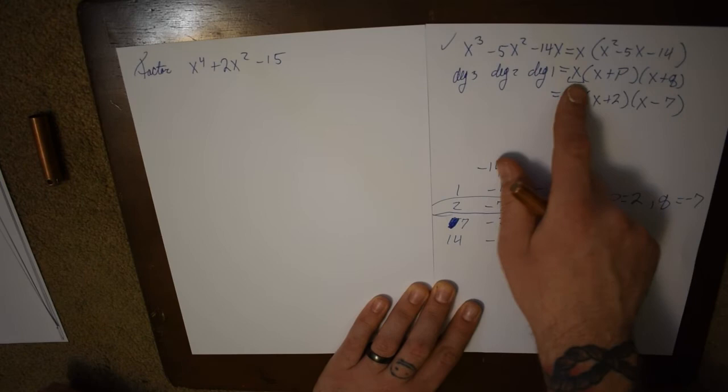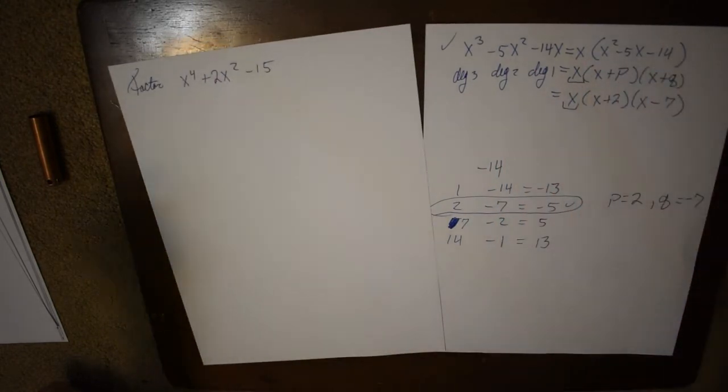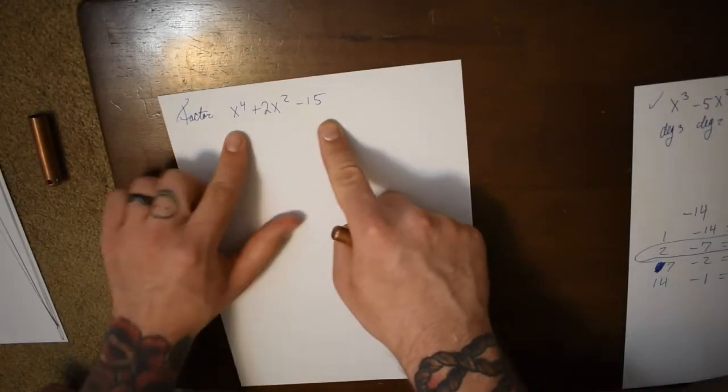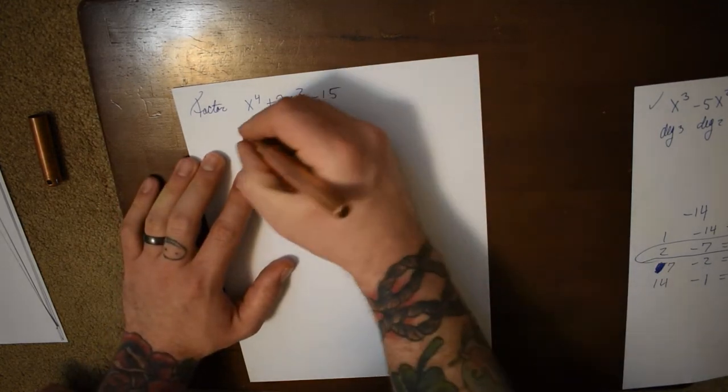So we factored out an x to get degree 2, degree 1, degree none. Over here, it's a little bit different. We've got a degree 4, a degree 2, and a degree 0.